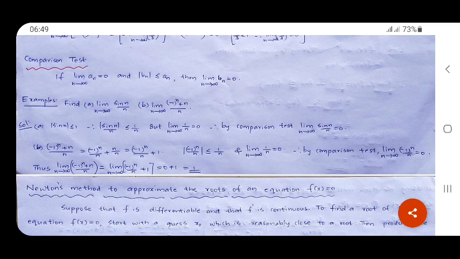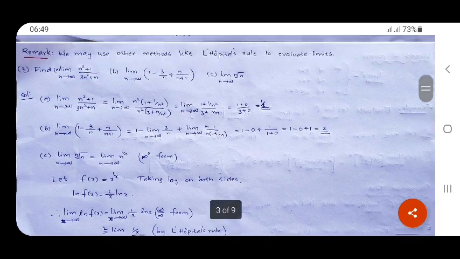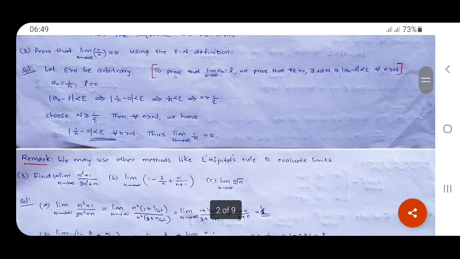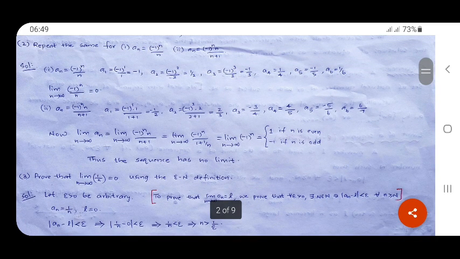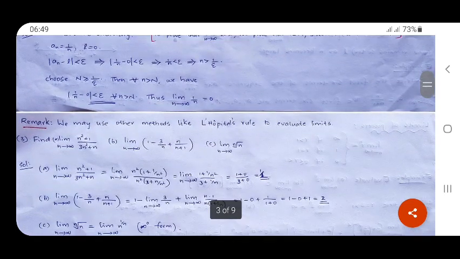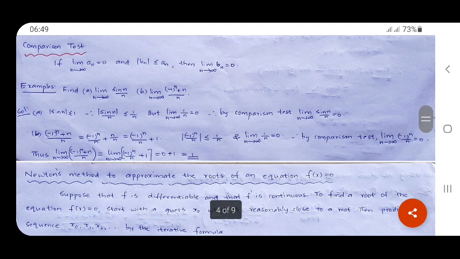We have already seen in the previous problem that it is equal to 0. Here we have proved it: 1 by n is 0, and before that we have concluded it is 0, as in example 1. Let us see what modulus of minus 1 raised to n by n is. It is less than or equal to 1 by n, and we know that 1 by n tends to 0. We have proved it by the epsilon n definition.